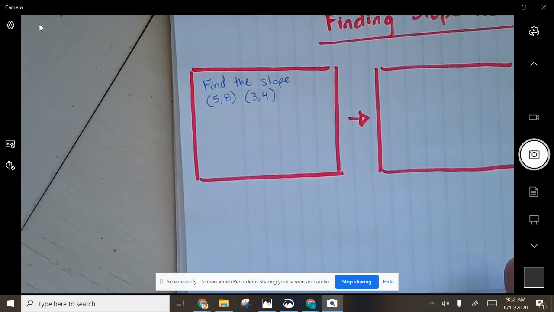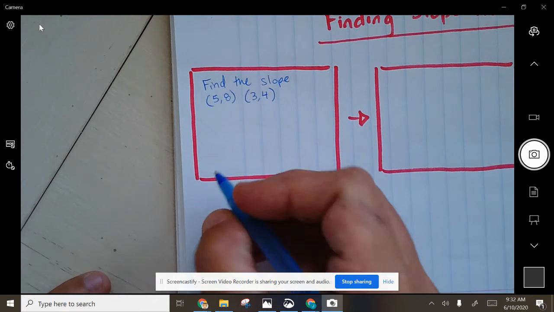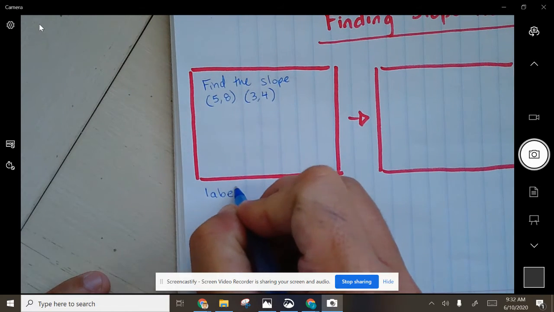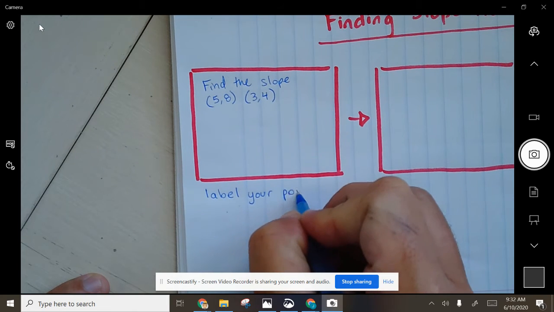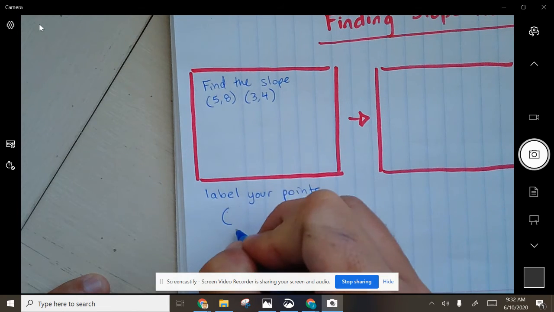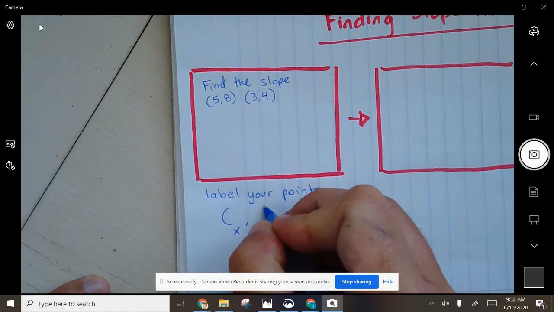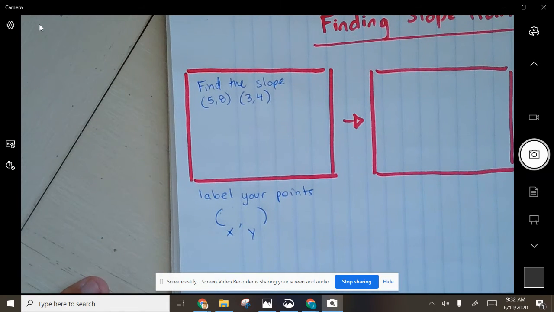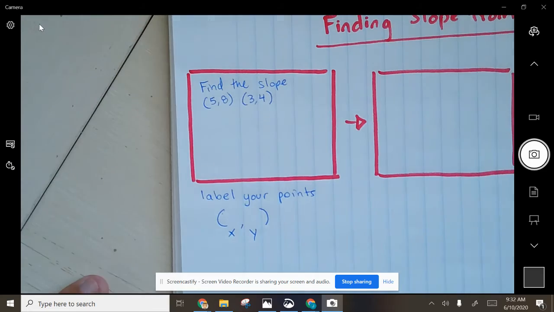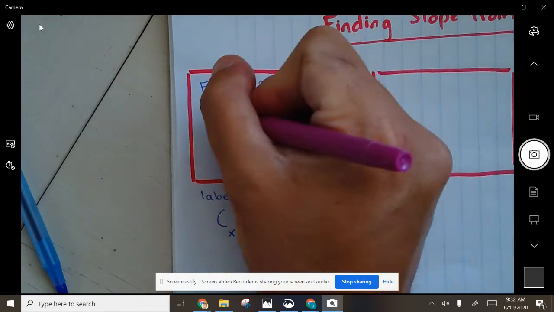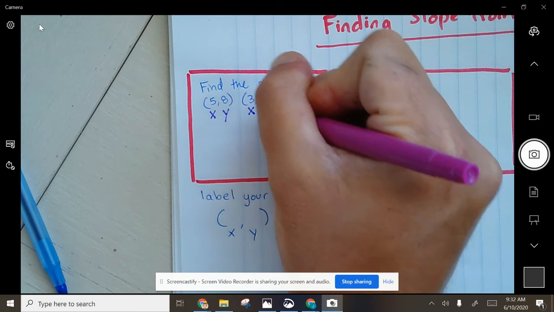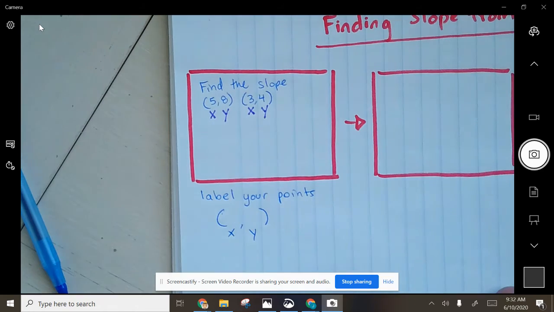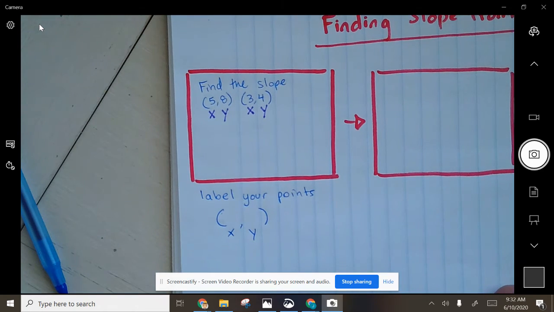First thing I want you to do is label your points with an X and a Y. So when you look at this, I want you to label them. This is X. This is Y. This is X. This is Y. Okay? Once you've done that, we're going to move on to the next one here.